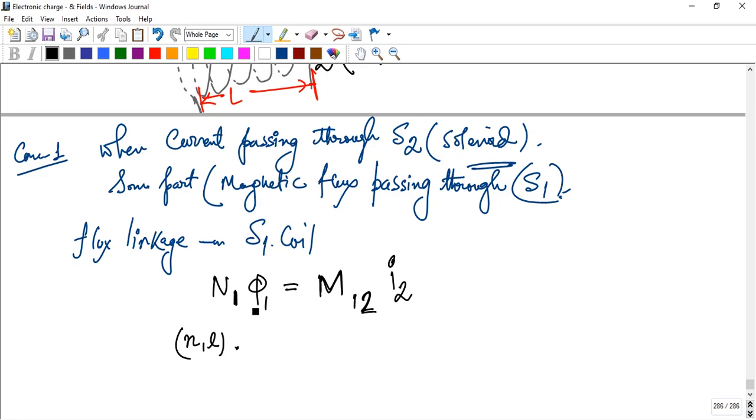The magnetic field, from Ampere's law, is mu 0 n2 I2, generated by coil 2.